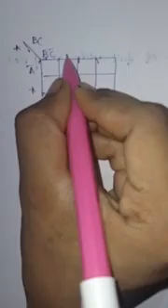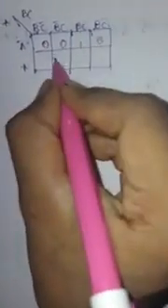A bar, A, B bar C bar, B bar C, B C, B C bar. Now we fill this with the carry output: 0, 0, 1, 0, 0, 1, 1, 1.